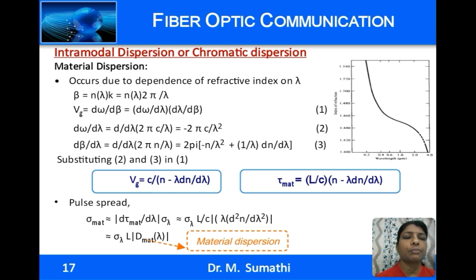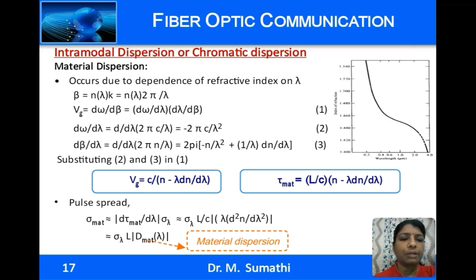Next we shall consider material dispersion. Material dispersion occurs because of the dependence of the refractive index of a material n on wavelength. So beta is equal to nk. N is not a constant here, it is a function of wavelength, n of lambda. Replacing that and determining group velocity with that, we can find out group velocity and the material delay time as given in the equations.